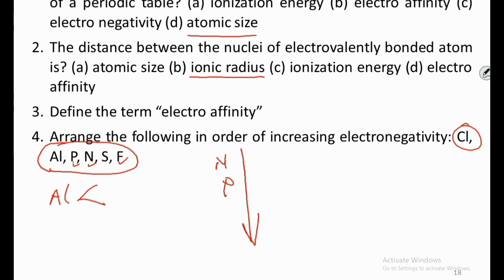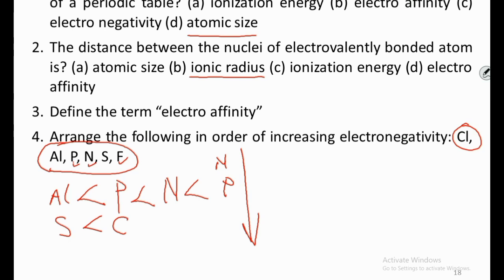Electronegativity decreases as you come down the group, which means phosphorus will be next, which is less than nitrogen, which is less than sulfur, which is less than chlorine.